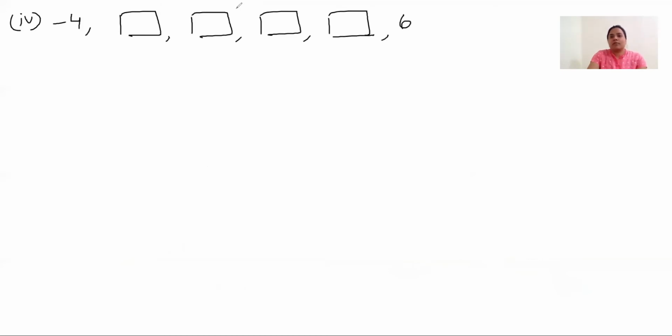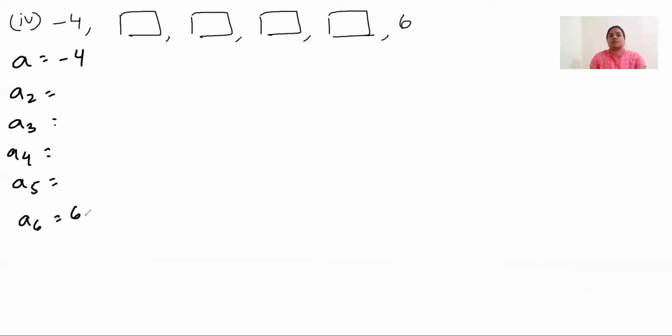Now the next one. In this case, we have given A, that is minus 4. A2 is not given. A3 is not given. A4 is not given. A5 is also not given. And A6 is given as 6. A is there, N is there. So we have to only find D. So let's substitute.